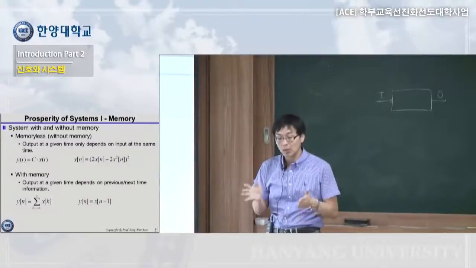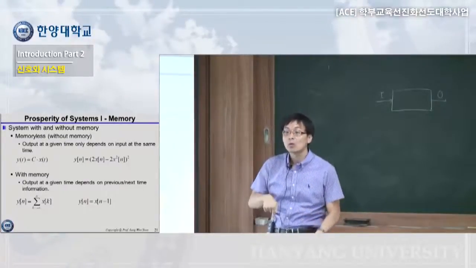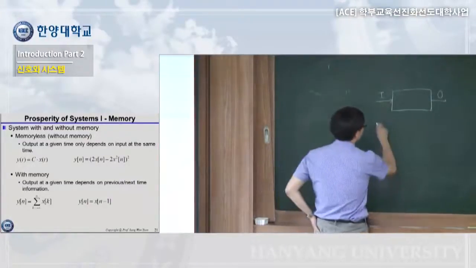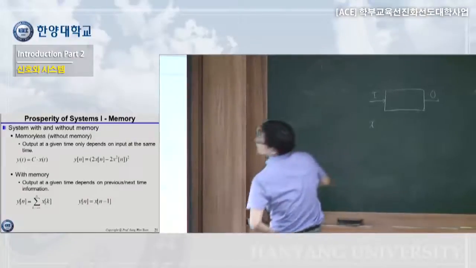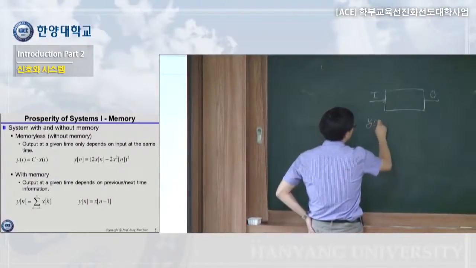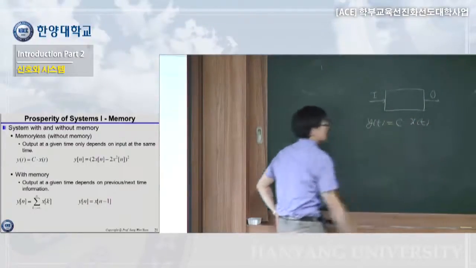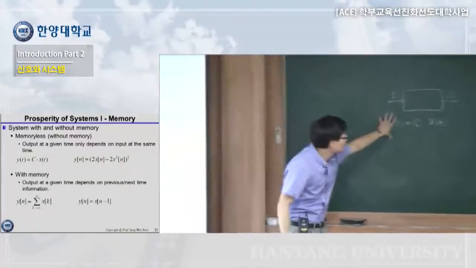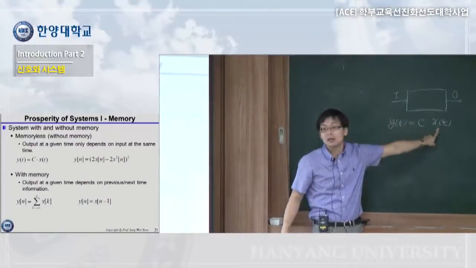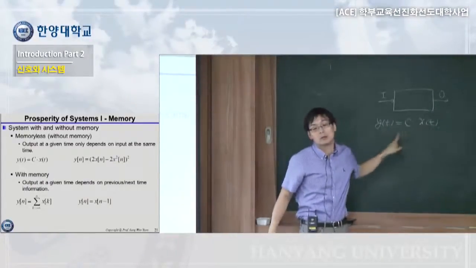In this system, memoryless system, they only rely on today, right now. So they are given like this. So example given here is y(t).